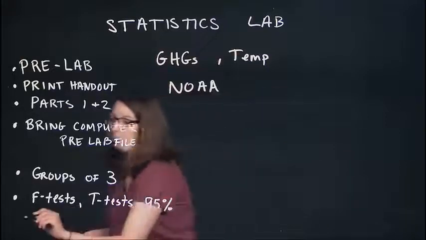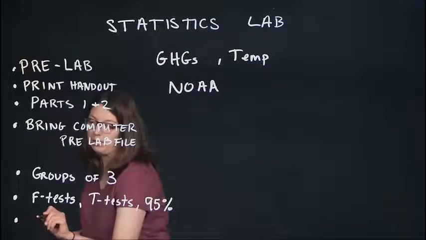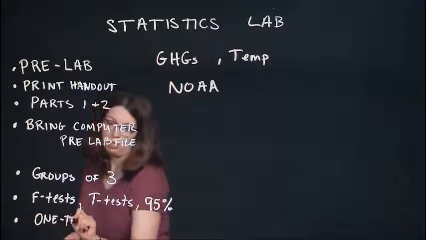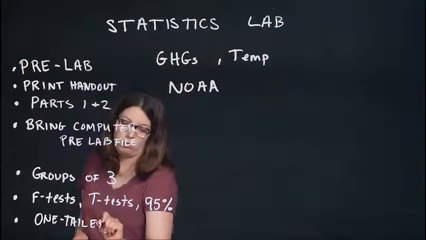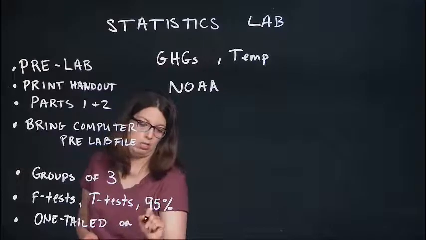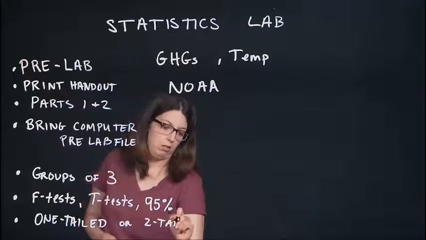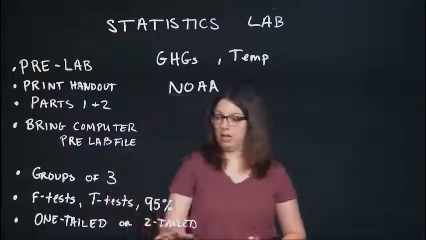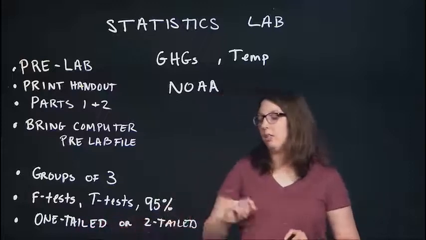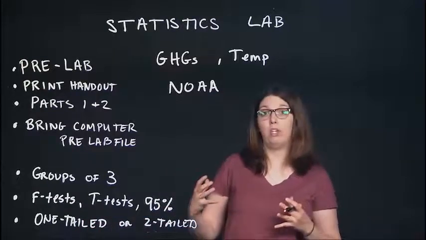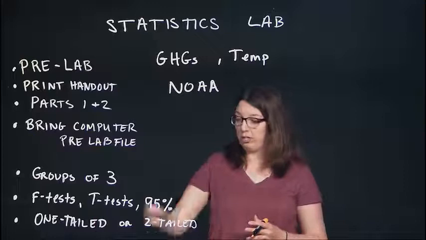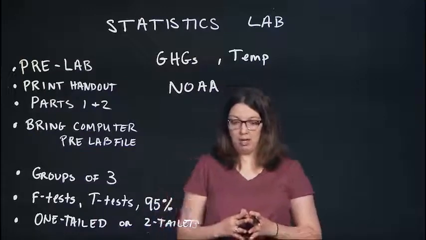And the other important thing to know how to do is to discern between one-tailed and two-tailed tests. Discerning between one-tailed and two-tailed is really in how the question is being posed. So make sure you're able to do that.